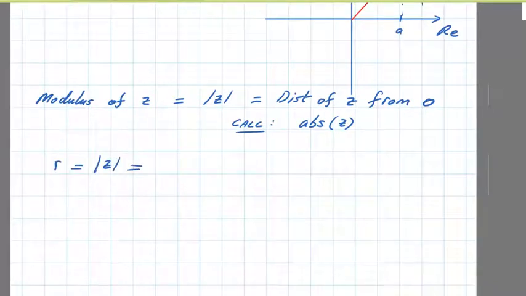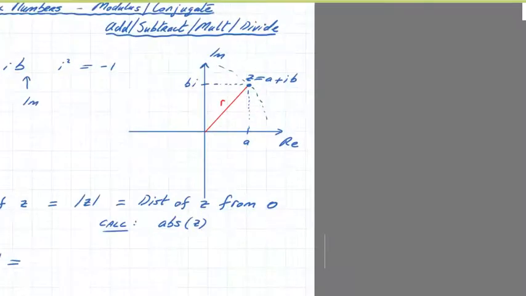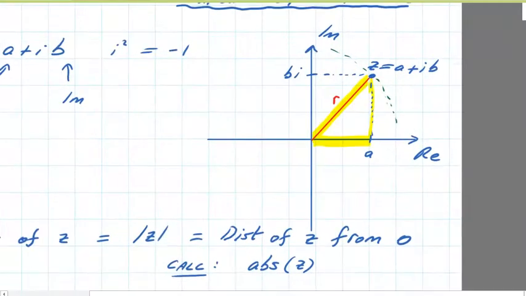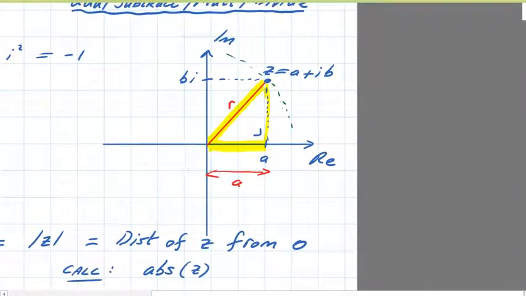How do we work it out? Well, we'd work it out by looking at basically Pythagoras. You can see here quite clearly that this is a right angle triangle. So we put our right angle in here. And now it should be clear that this is A units across. This is B units up, whatever B is. We ignore the i because it's just the distance that we're interested in.